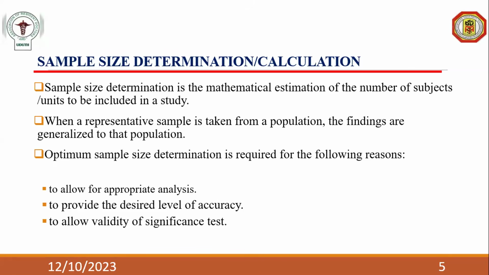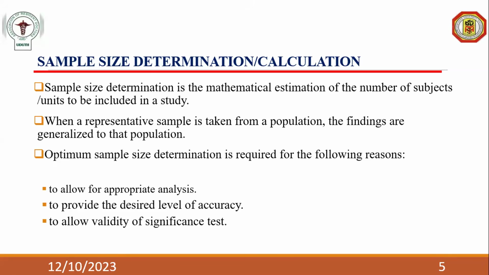Because we cannot include everybody in the population, we have to select a representative of that population and determine the mathematical estimation. The process of determining the mathematical estimation of the number of subjects to be included in that study is called sample size determination.